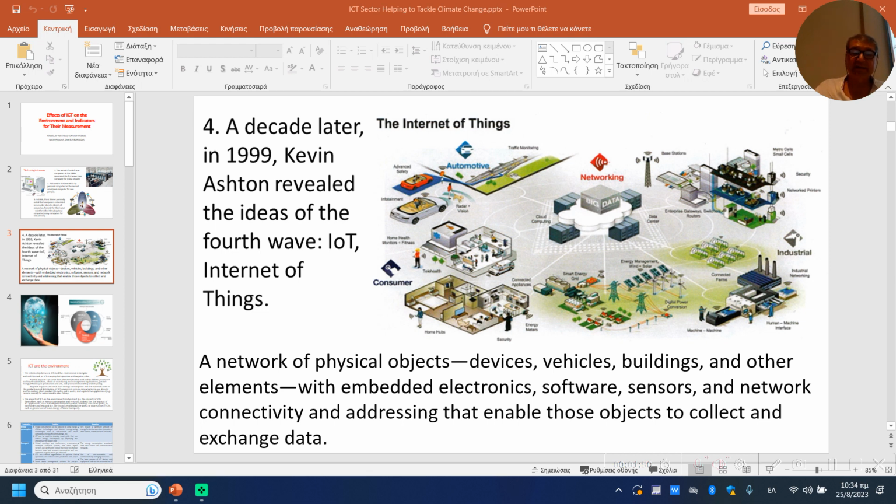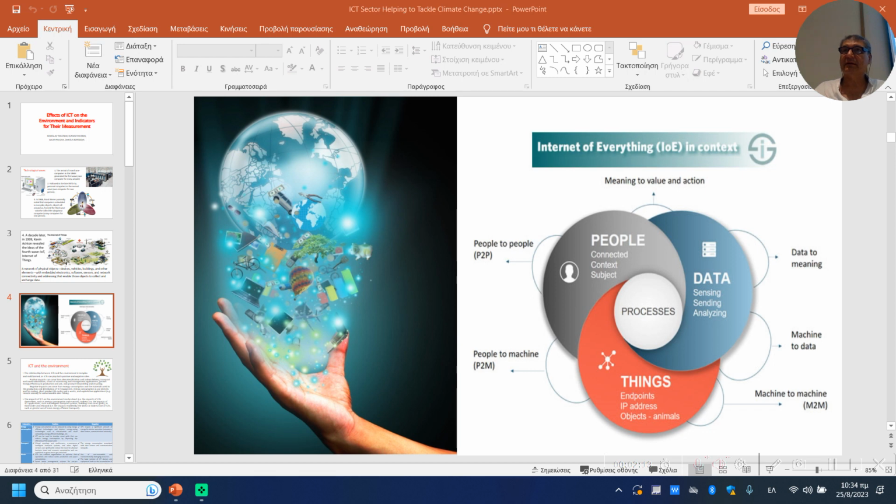And the things, we should call them objects with network characteristics, unique network address, and they have a special task and work to do, many different kinds. And after that, we came to the real world now. This is the world of Internet of Everything, when you have data, processes, people, and things put together in one. This is our world at the moment.